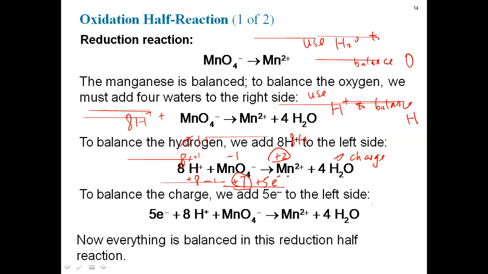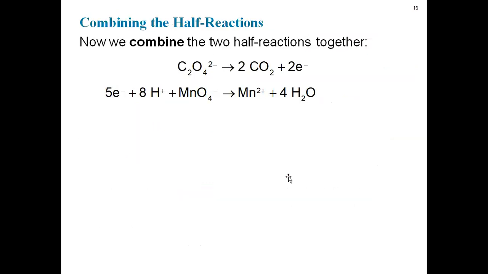After you balance both of the half equations, you try to put them together. Okay. So we copy the 2 balanced half equations here. Before you add them together, you need to make sure they have the same number of electrons.